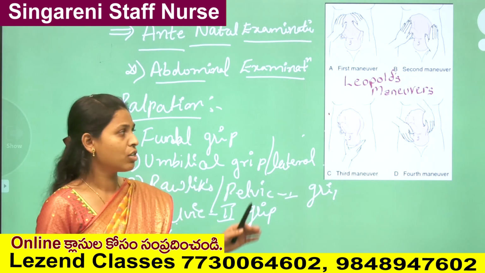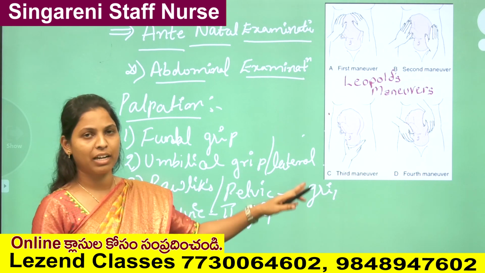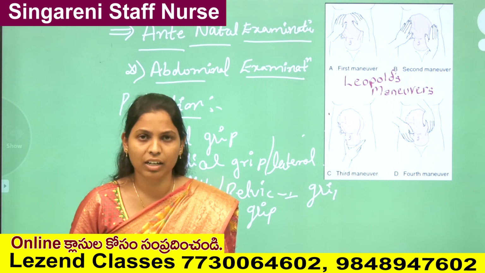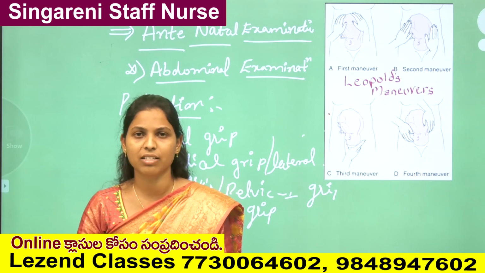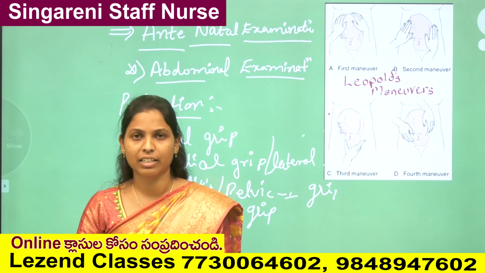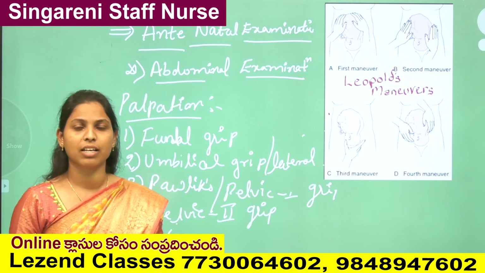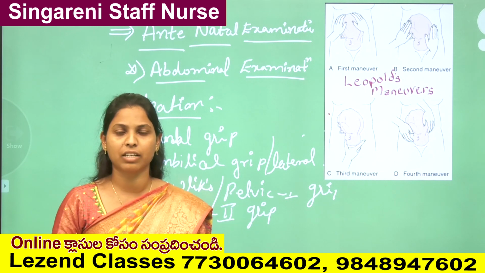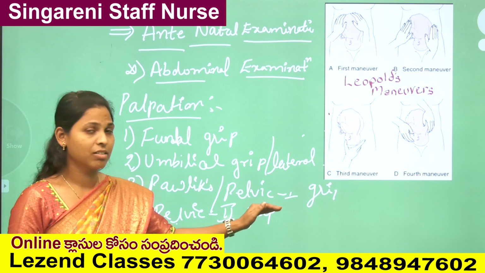You understand, right? Leopold's maneuvers have four maneuvers. The first maneuver is called the fundal grip or fundal palpation, the second is called the umbilical or lateral grip, or lateral palpation, the third maneuver is called the Pawlik's grip or pelvic first grip, and the fourth maneuver is called the pelvic second grip.